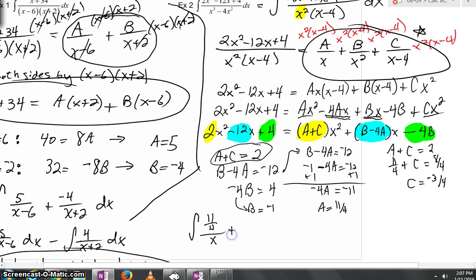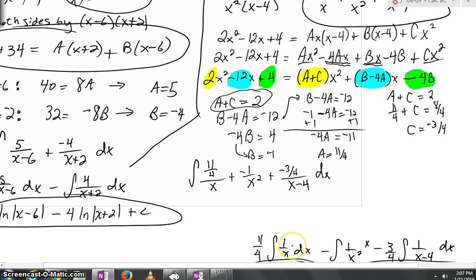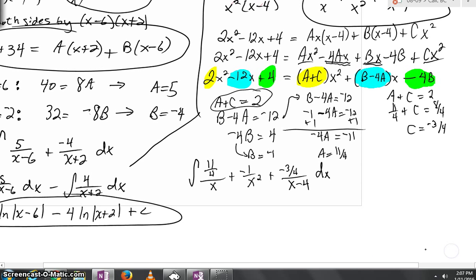I'll say plus b, now my b happens to be negative 1, that's negative 1 all over x squared. My c is negative 3 fourths, and I'm going to put that all over x minus 4. So here's this problem that looked very, very bad, and thank goodness it's actually coming together rather nicely.